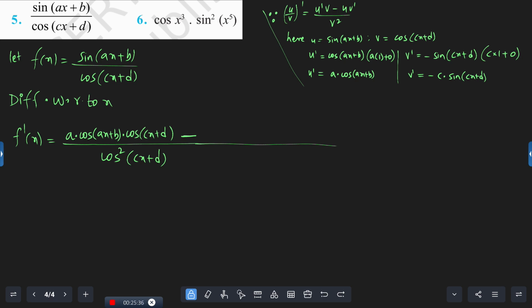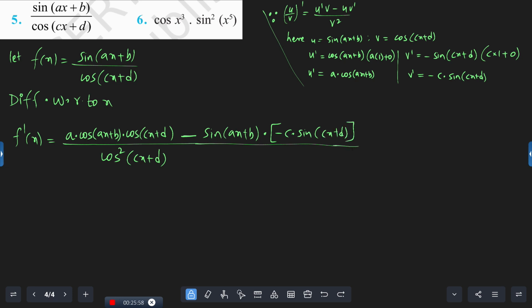Then u, which is sine of ax plus b, into v dash, which is minus c into sine of cx plus d. So this is the formula.